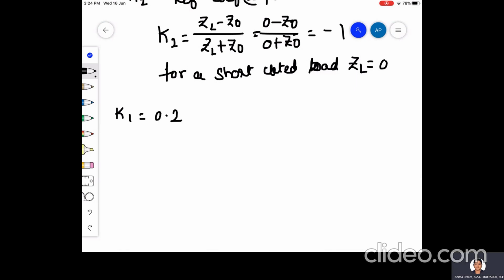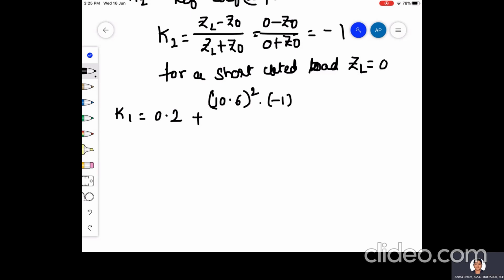S11 is 0.2 at an angle of 0, plus S12 square. S12 is given as 0.6 at an angle of 90, which in rectangular form is j0.6. So it will be j0.6 whole square, that is S12 square, multiplied with K2.